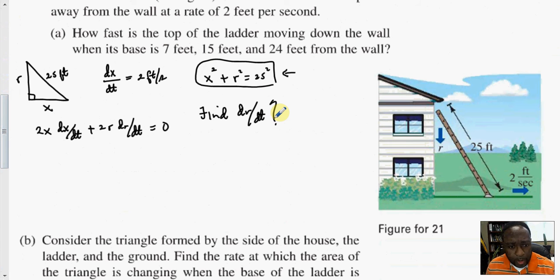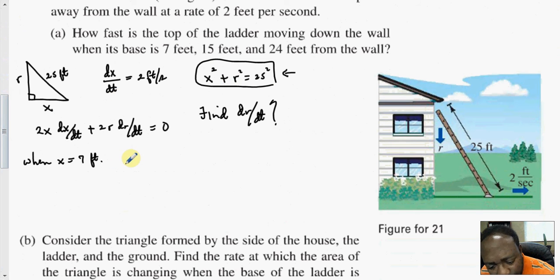All right, so we do that first when x is 7 feet. So when x is 7 feet, we use the Pythagorean theorem, or the theorem of Pythagoras.